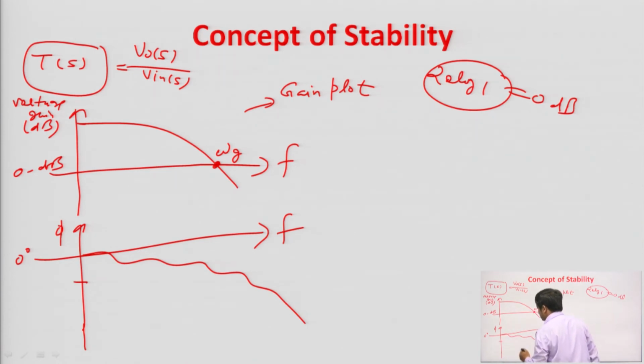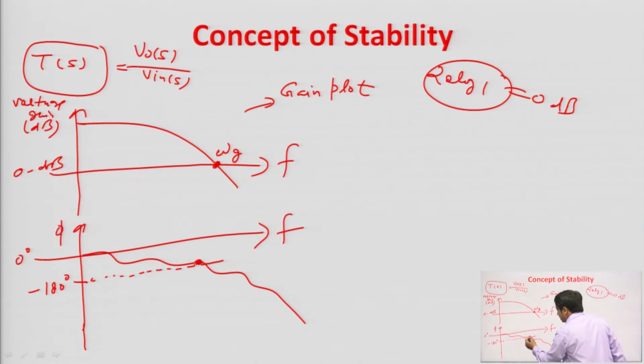So, this is your minus 180 degree line, for example, and here it is crossing this minus 180 degree. The frequency at which the phase plot is crossing the minus 180 degree line is called omega p, that is called phase crossover frequency.